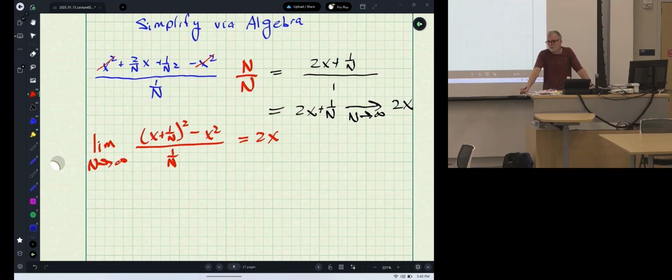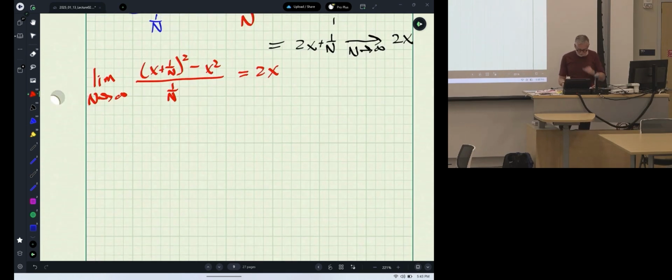We computed the derivative of x squared using the definition of the derivative, which we will get to in chapter 5. That's all we did, okay? But maybe I hid it from you because I didn't call it delta or h for the perturbation. I called it 1 over n, okay? So I disguised the limits.